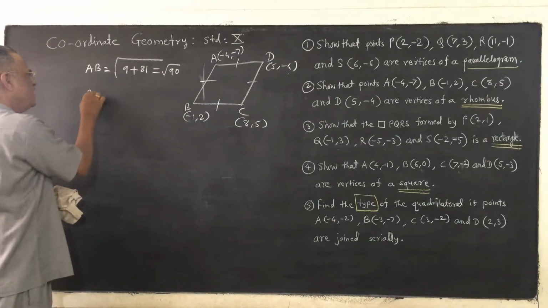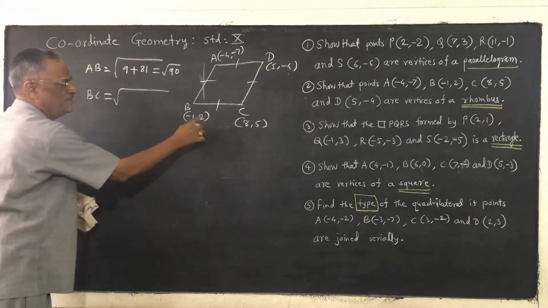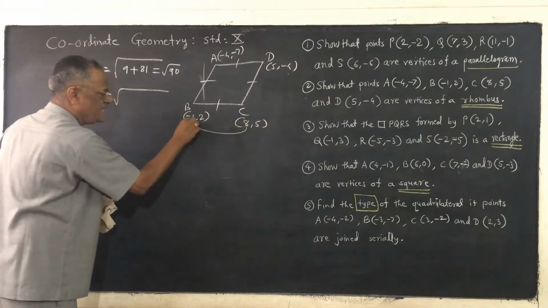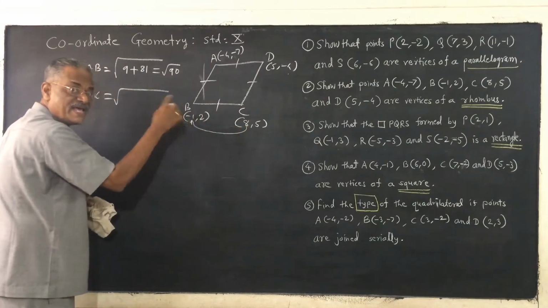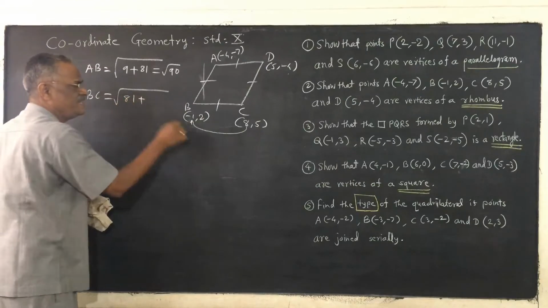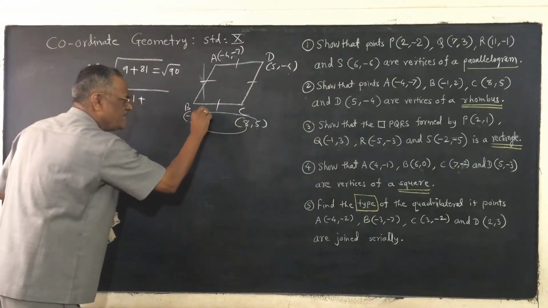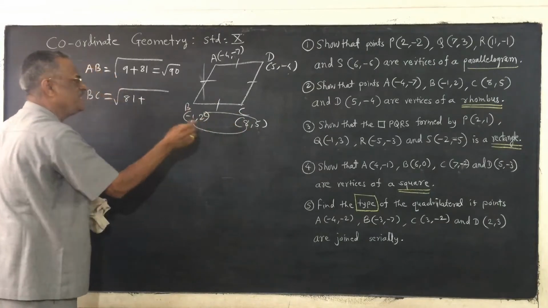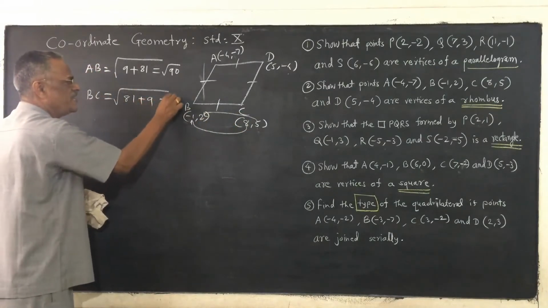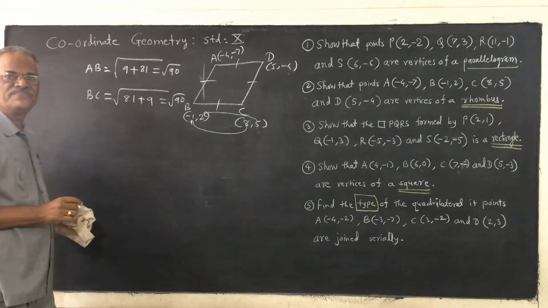Again calculate BC there. BC: 8 minus -1, 9. 9 squared is 81. Then y2 minus y1, 5 minus 2, 3. 3 squared is 9. You are getting root 90.